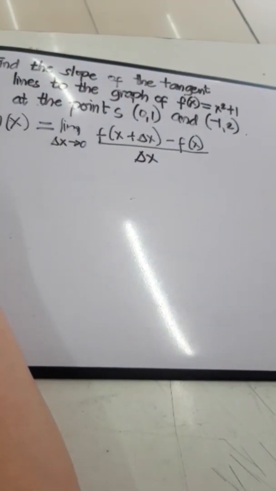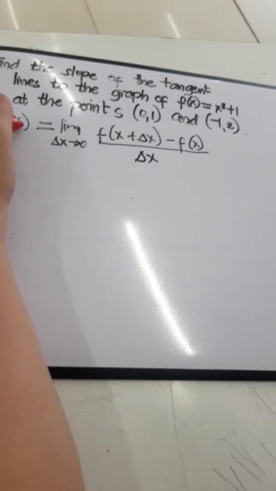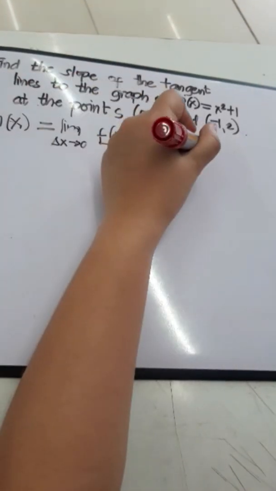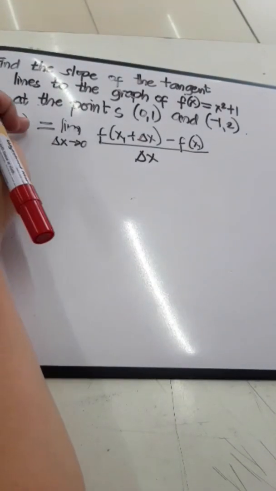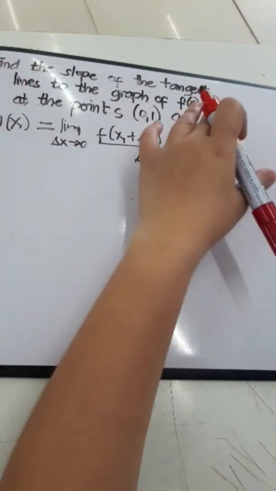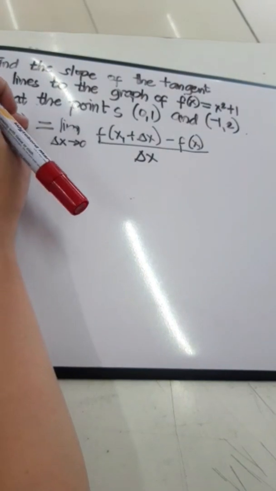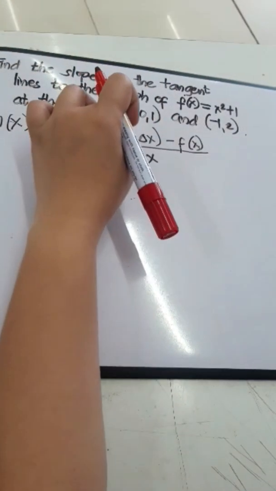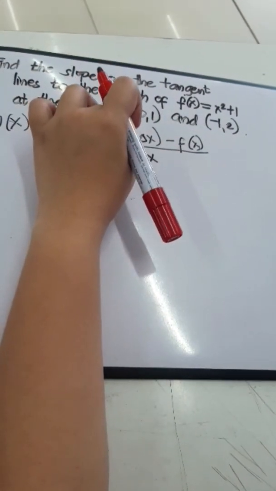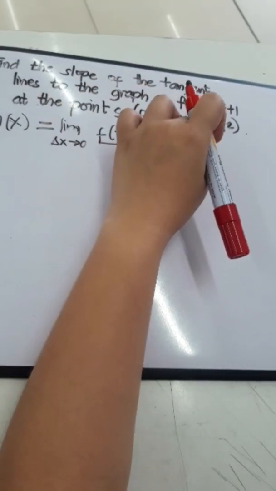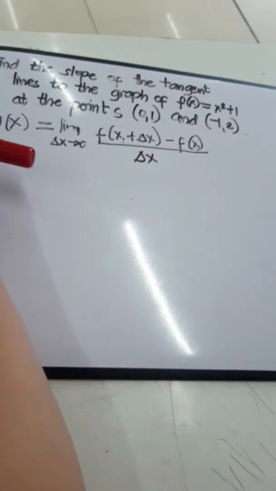Mao man ni ang equation when finding the slope of the tangent line. So, karon we have two tangent lines man. Ato lang siyang i-gamiton as x lang, kay ato ning gamiton na equation in finding the slope of these two tangent lines.